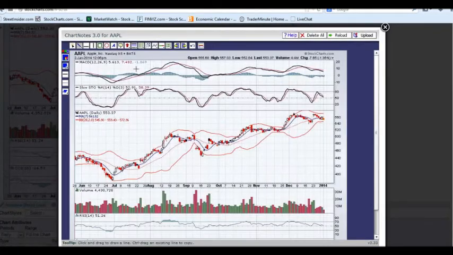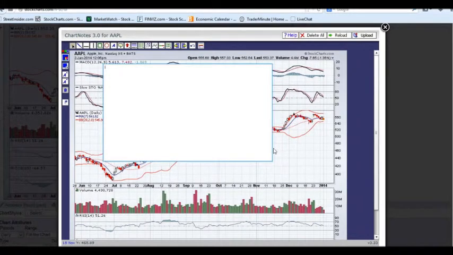But number one, when I'm asking the question, let me write the question here: is the move technically significant? Number one, the first thing that you look at is catalyst.